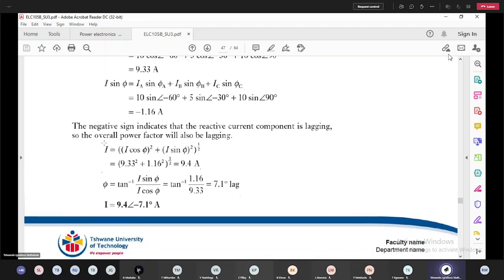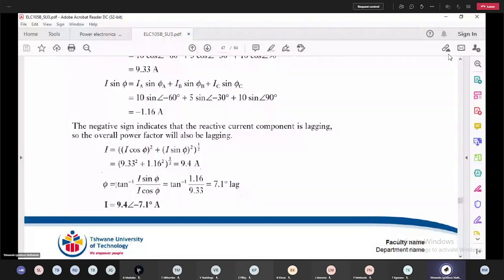So our total current is simply the square root of I cosine of phi squared plus I sine of phi squared, and that gives us the total current of 9.4 amps.